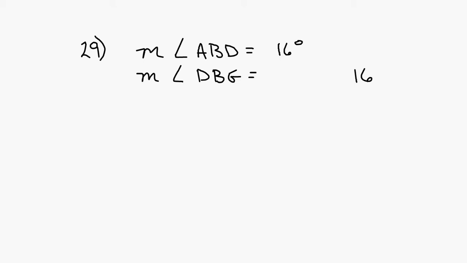So you're going to take the 125 and subtract 16 from it. This is ray BG, and this is ray BD, their locations on the protractor. So when you find the difference between their measurements on the protractor, it'll give you the measure of angle DBG. So 125 minus 16 is 109.